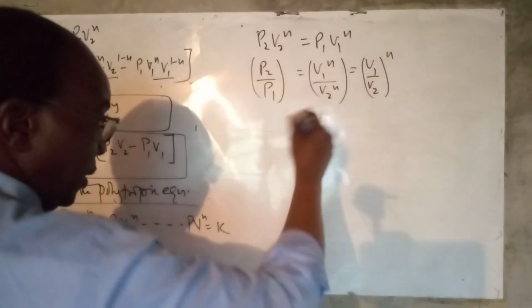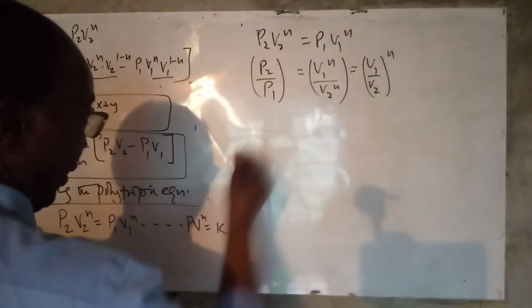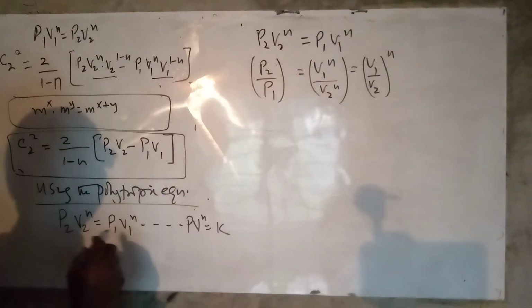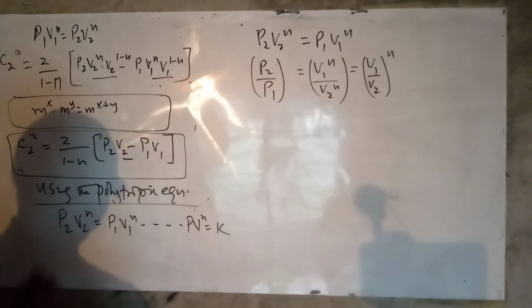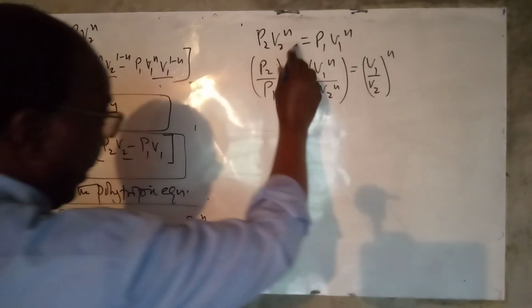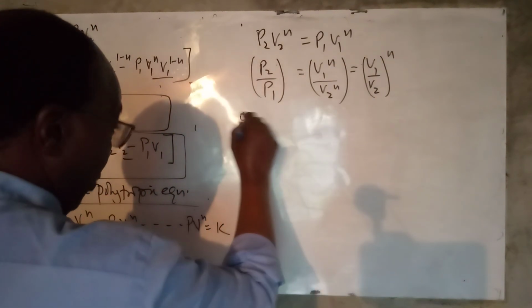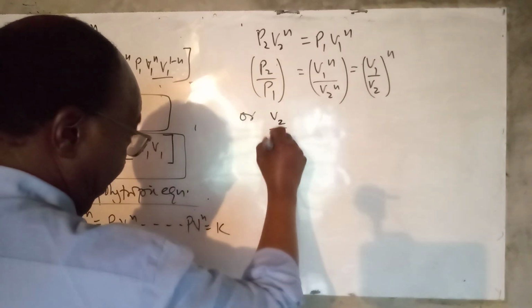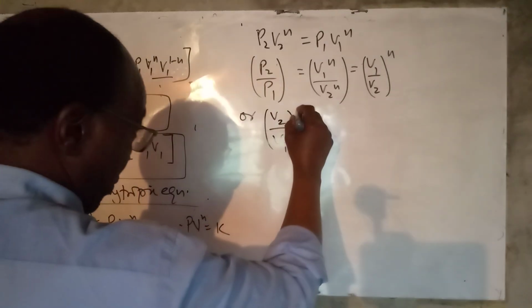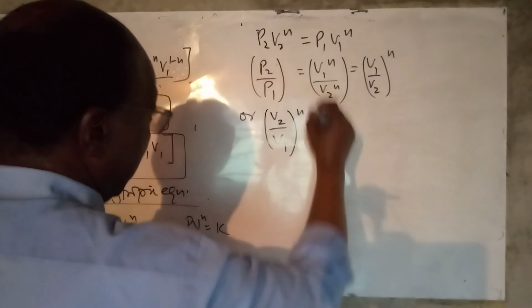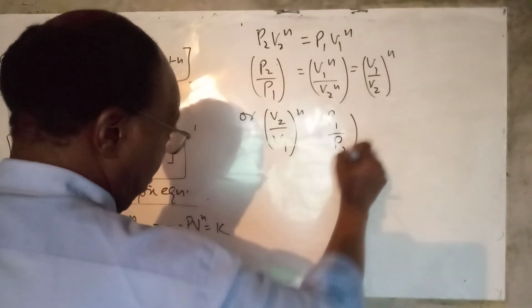And so in this particular case, we want to make our life easy, we want to have V2 the subject. So we can have it as V2 over V1 to the n is equal to P1 over P2.